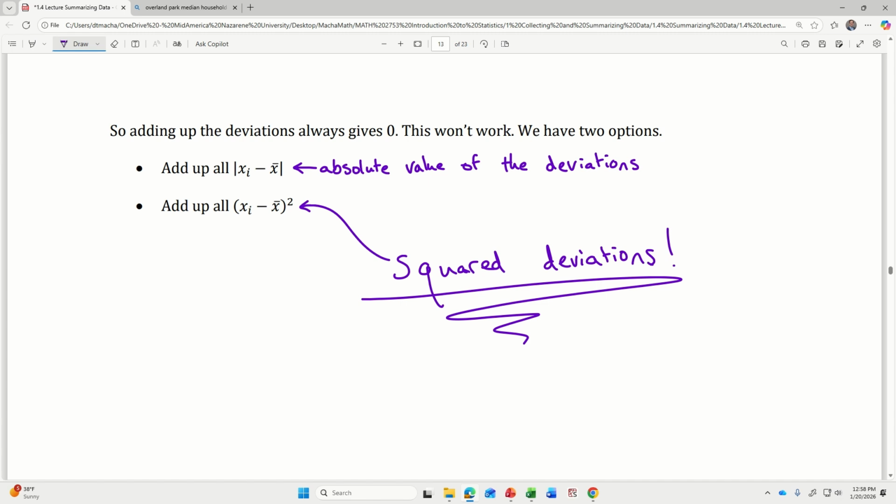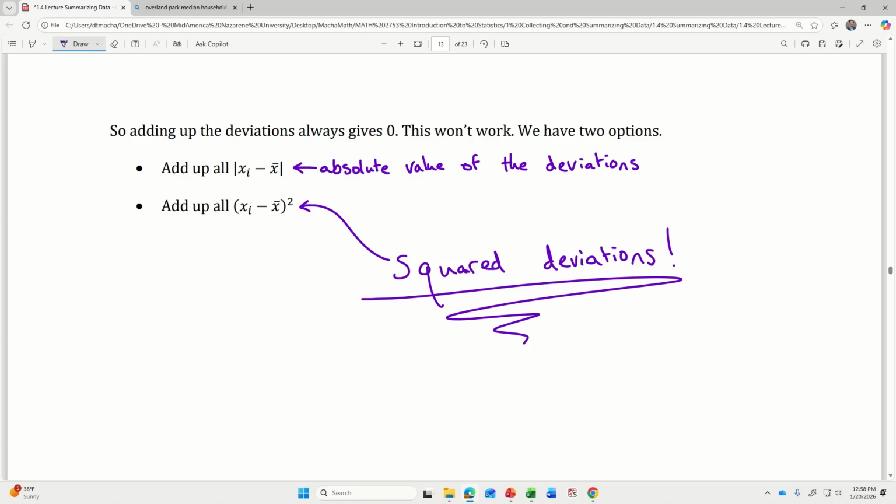Now, maybe some of you are thinking that feels really unnatural. Like if we could just take the absolute values of the deviations, isn't that simpler, easier, better? This is not a mathematical statistics class. This is a baby's first intro to statistics class. So we're not going to dive into the full proof of why we do this.